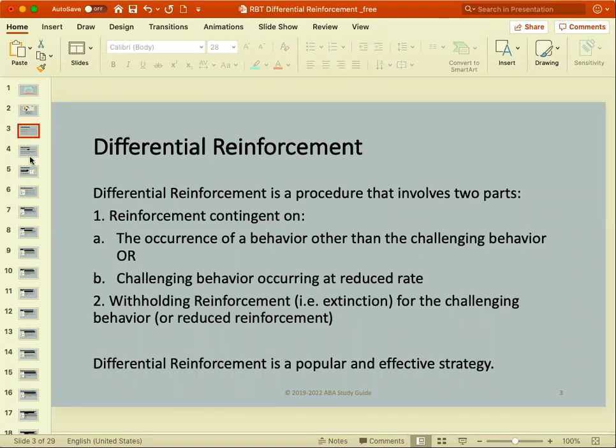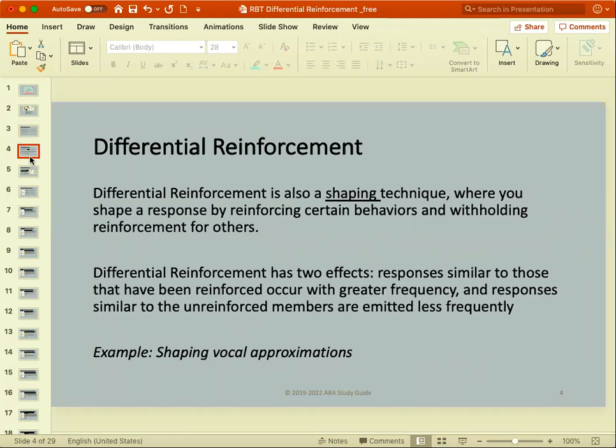Okay, cool. All right, so differential reinforcement is also a shaping technique where you shape a response by reinforcing certain behaviors and withholding reinforcement for others. So differential reinforcement has two effects. Responses similar to those that have been reinforced occur with a greater frequency, and responses similar to the unreinforced members are emitted less frequently.